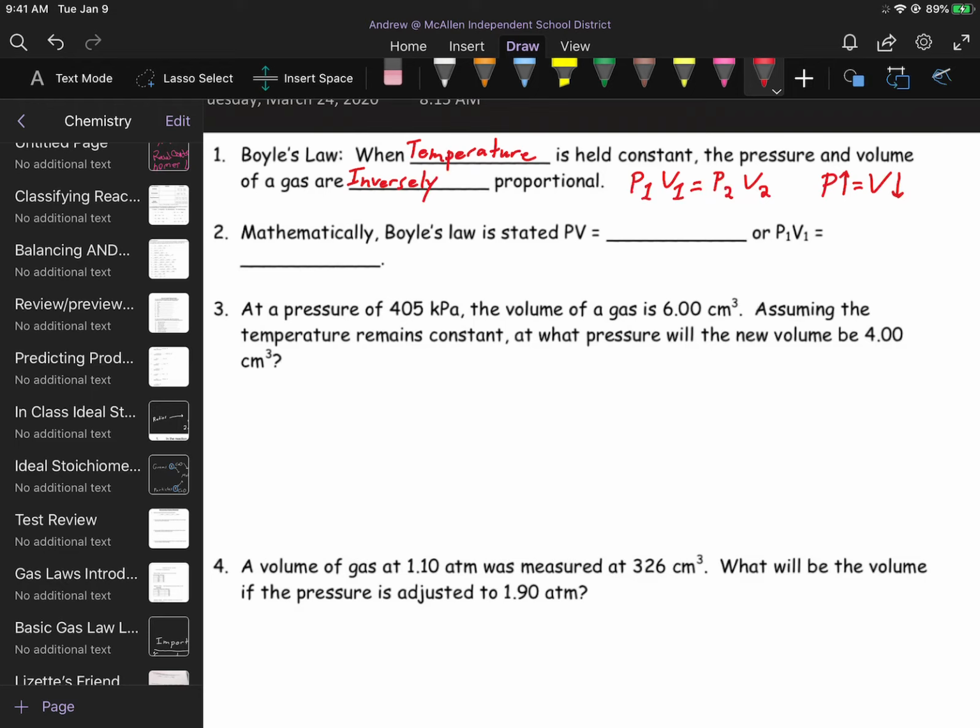Now, mathematically, Boyle's law equals P times V, which equals P times V. That was kind of a silly one. Or P1 times V1 equals, I'm just going to take that right there, move that over to there. But I'm not going to rewrite it because lazy. Okay. Just basic multiple choice style questions that you guys might see.